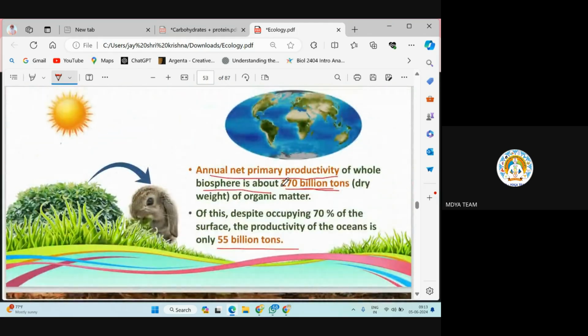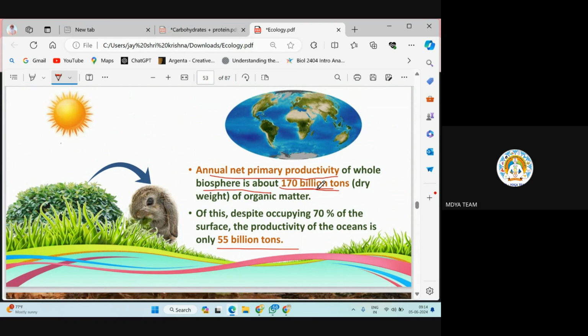Now see, 170 billion tons of biomass. Biomass means my body, your body, plant body, or body of any living organism. The living organism's body is also known as biomass or organic matter. So an ecosystem is producing organic matter, 170 billion tons per year.